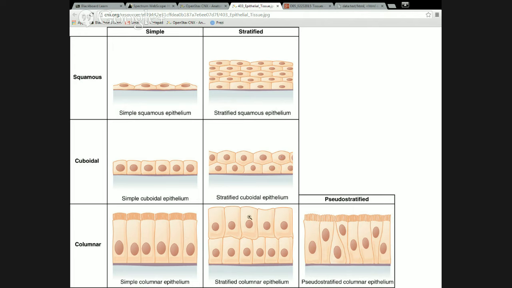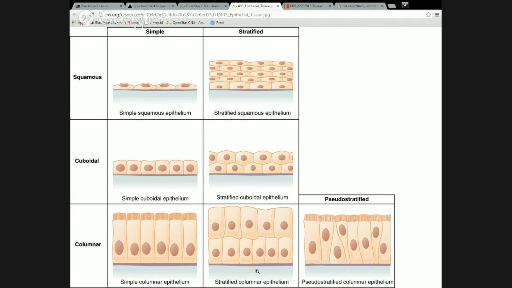And then stratified columnar has a layer of columnar cells in its apicalmost layer. In this picture, both layers look columnar. You'll often see that the basal layer is actually cuboidal cells. Now, you won't actually see that because we don't have a good slide of that particular type of tissue, but it actually isn't really just 2 layers of columnar cells.